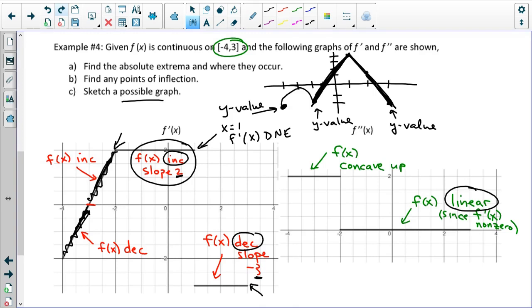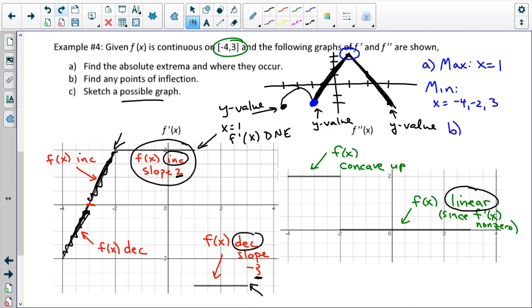In this particular problem, I actually have 3 absolute mins. I don't know what the y value is because I just picked a random y value. But whatever that y value is, it would be an absolute min at 3 different spots. So part A, I have an absolute max at x equals 1. I have an absolute min in 3 different locations, x equals -4, -2, and +3.